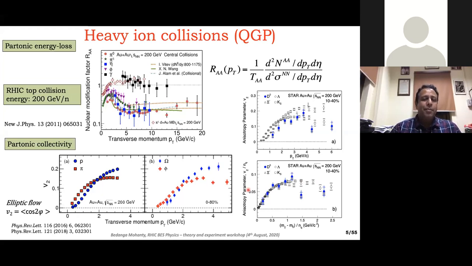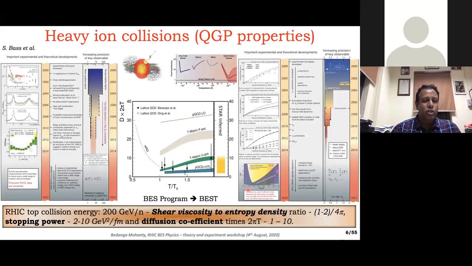Then we are able to obtain the properties of QGP, and this needed close collaboration between experiment and theory. This is sort of an early summary of how the experiment and theory worked hand in hand to define properties of this medium. For example, on this left-hand side, we have measurements related to jet quenching and theory development.